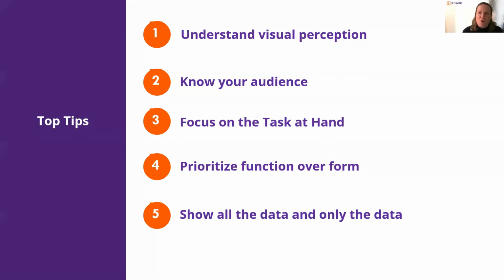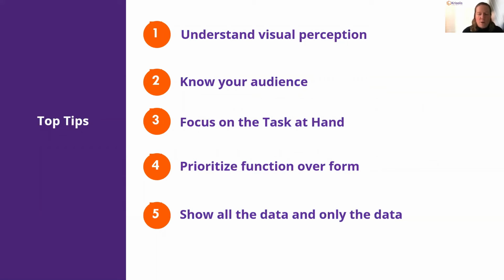If you just list out the questions, so when we start designing a dashboard, the first thing we do is list out all the questions that the dashboard needs to answer. Then we work through question by question and present the information. We might come up with 3 or 4 different ways of presenting the information and give that back to the audience, our stakeholders, and say, which of these do you prefer? Prioritize function over form.